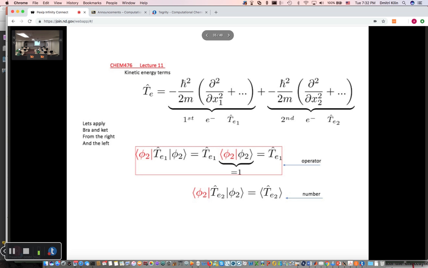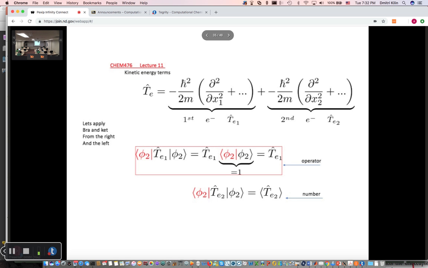Therefore, the phi2 bra vector and the T sub E1 operator can be swapped, because the T sub E1 operator doesn't affect the second electron.